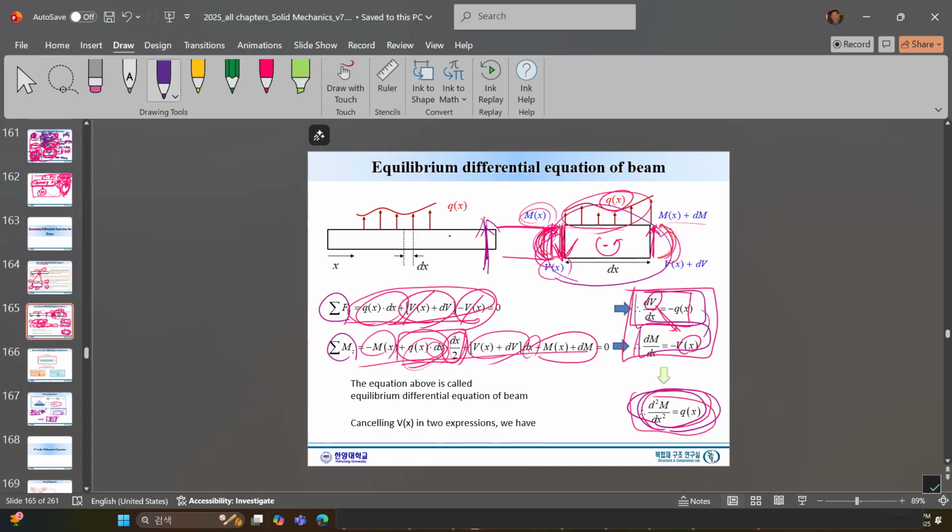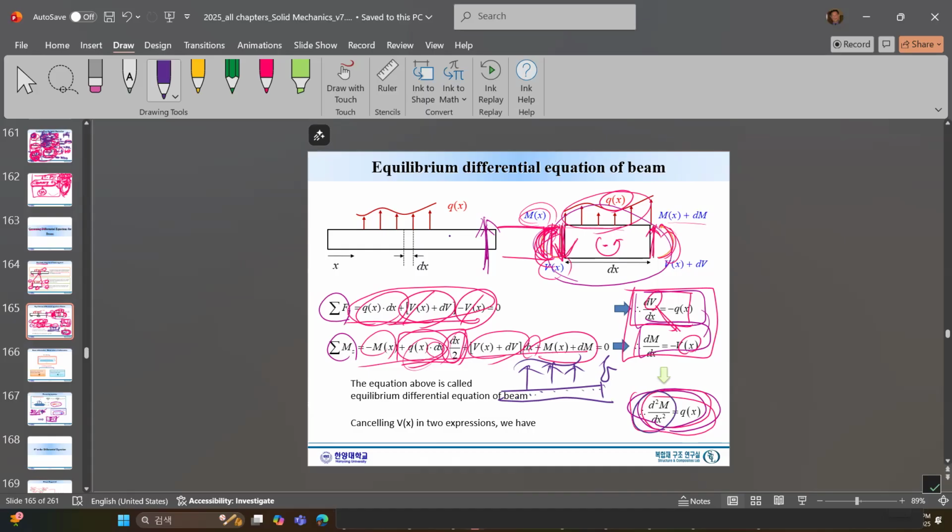I know it's very new to you, but the moment distribution, moment variation. Let's say we have a beam, any beam like that, and you have a Q distributed load. At every point, the second derivative of the moment will be the Q given at that point.